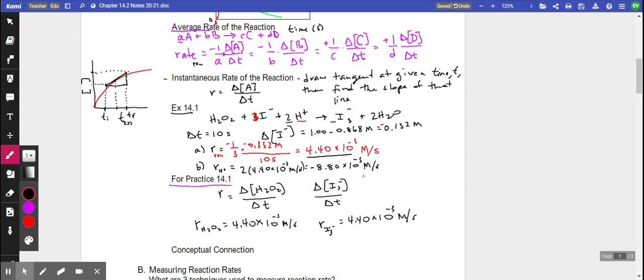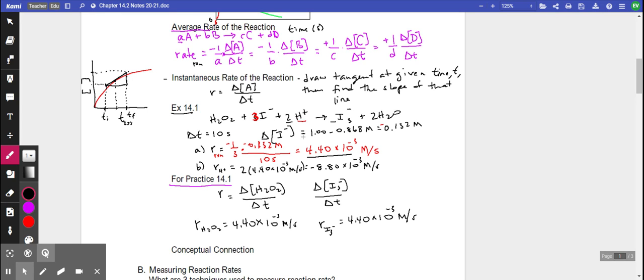Let's check the back of the book and make sure we got that right. Okay, we checked in the back of the book and we are correct. The rates of the hydrogen peroxide and the I3 minus are the same as the rate of the reaction because they have coefficients of 1.